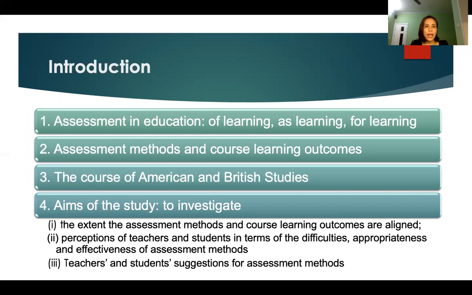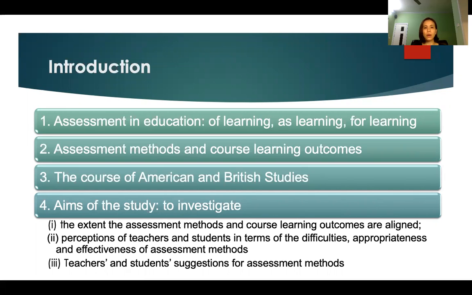Because of the intense relationship between assessment and learning and teaching, assessment methods and course learning outcomes should align. In our research, we study the alignment between assessment methods and learning outcomes of the course of American and British studies.